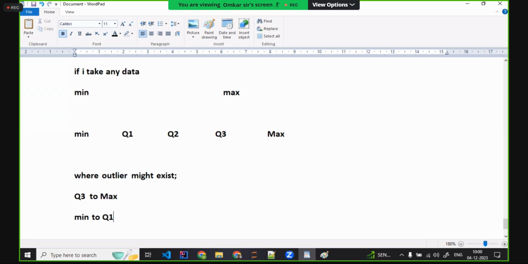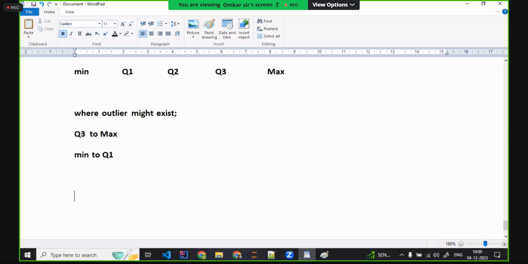Think like this: your data has a minimum observation, suppose a very low salary, and a very huge salary. In between we have the Q1 salary, the Q2 salary and the Q3 salary.